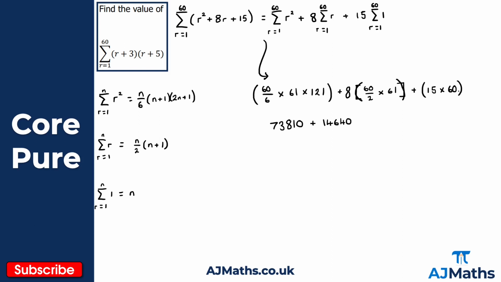And finally for 15 times 60, I get 900. Evaluating this summation, I get 89,350. Okay, and there we have it. So that's the solution to question 3.